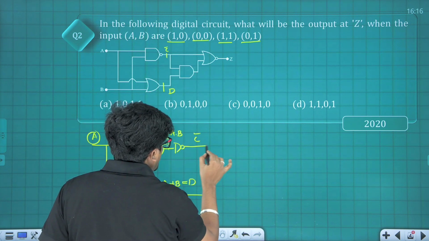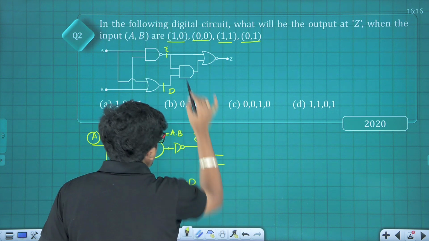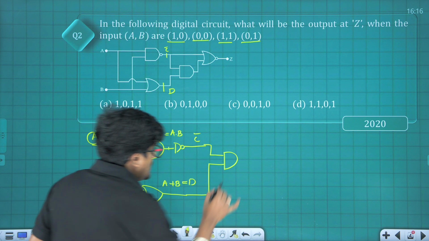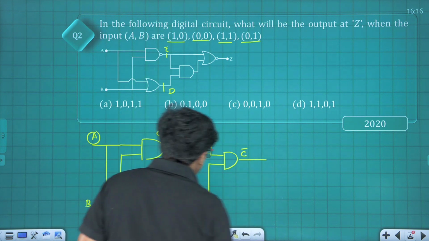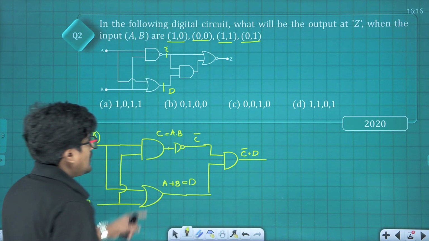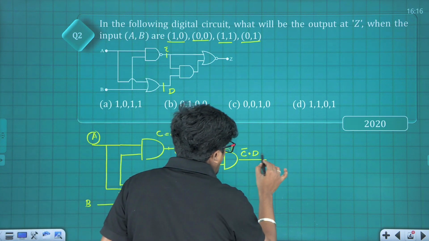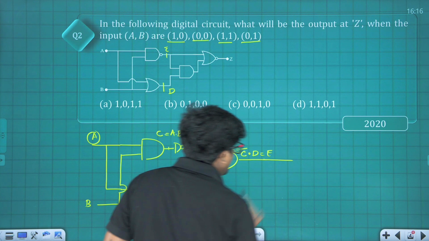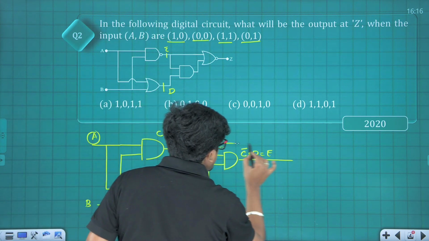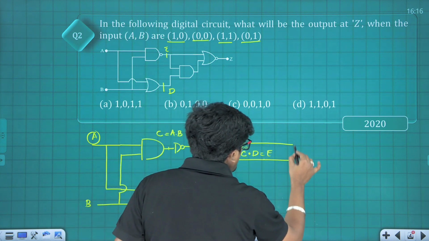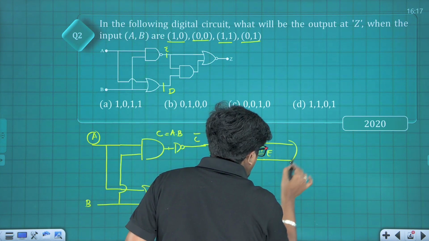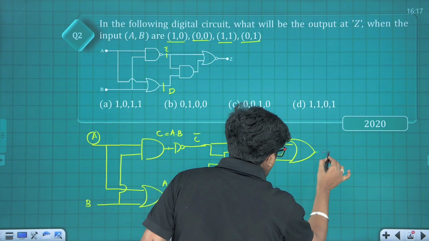Now these two are coming here like this, and I am having an AND gate here. Here this is C bar dot D, and I must treat that as E. And now this C bar is extended here, and that is now given to an OR gate like this.